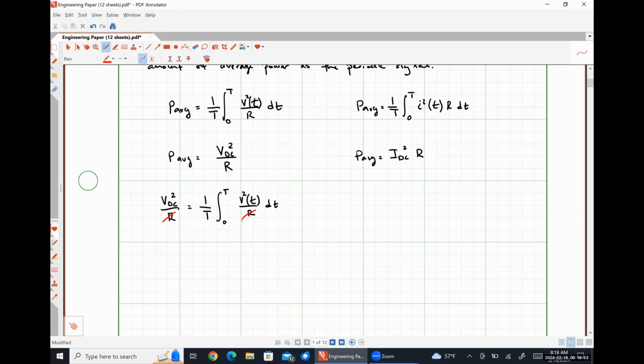So now on the left-hand side, I have the DC voltage squared. So to get rid of that square, I'm just going to take the square root of both sides, right? So that's going to give me the following relationship. VDC, which I'm now going to call V effective, which is the DC equivalent, is simply going to be the square root of 1 over T times the integral from 0 to T of the square of our periodic voltage waveform.